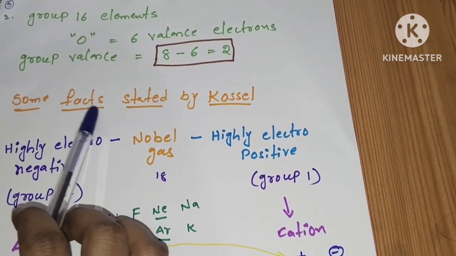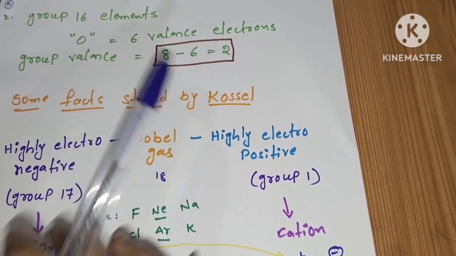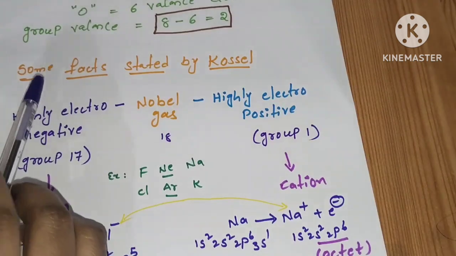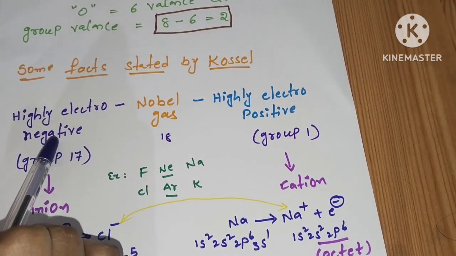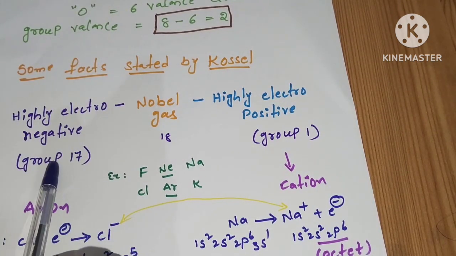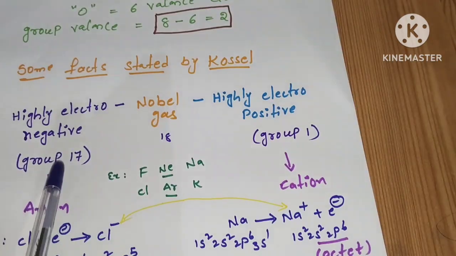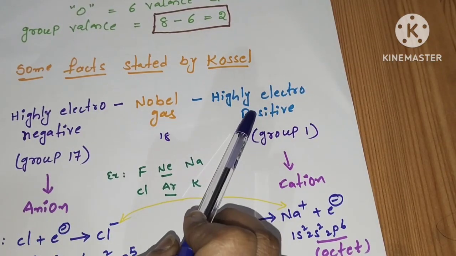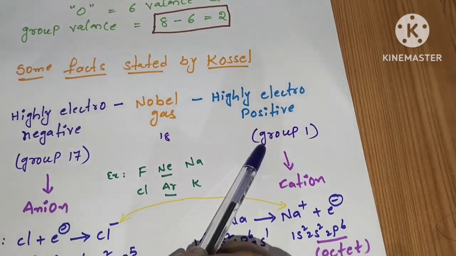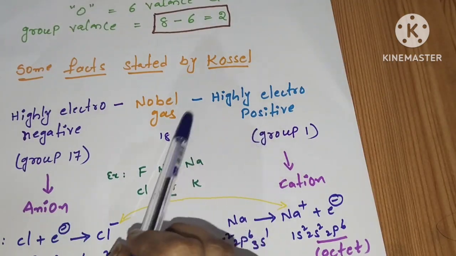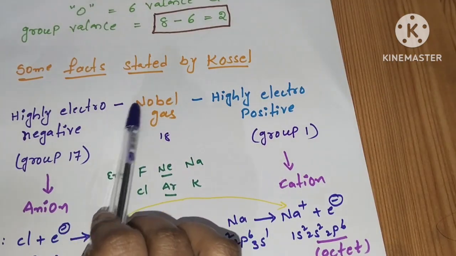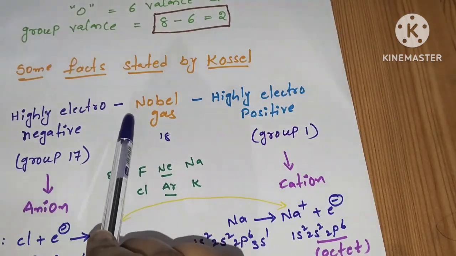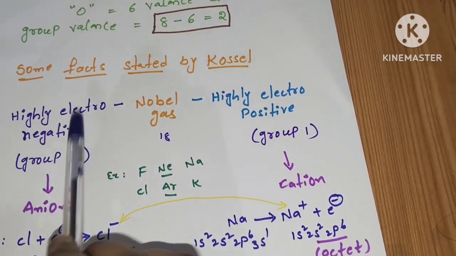Now some of the facts stated by Kossel. According to him, highly electronegative elements like group 17, the halogen family, are separated from highly electropositive elements like group 1, the alkali metals, by the noble gases. So group 18 is present in between these two groups.